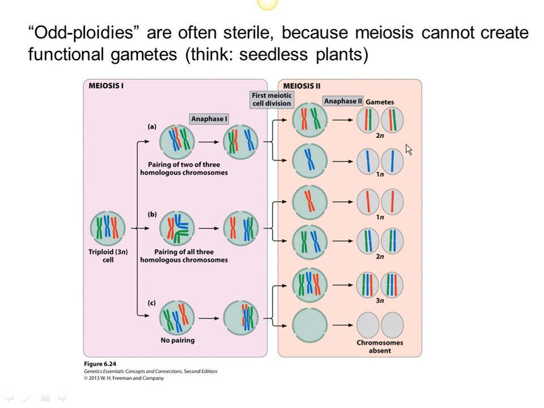There's no way to get a gamete that has half the number of chromosomes because you started off with an odd number. So none of the gametes will be normal, and these won't be able to form embryos, which a seed is really a small embryo of a plant.